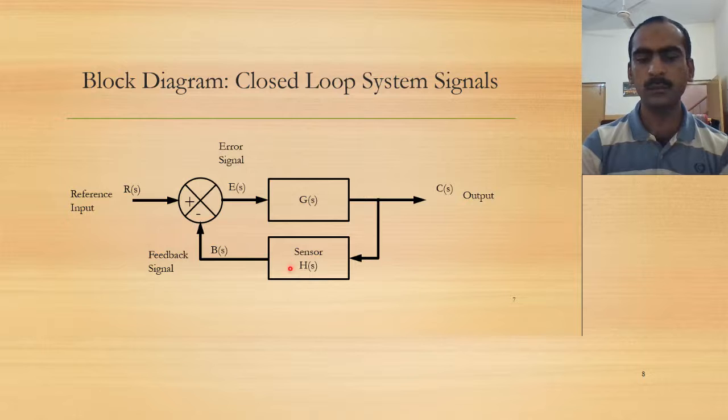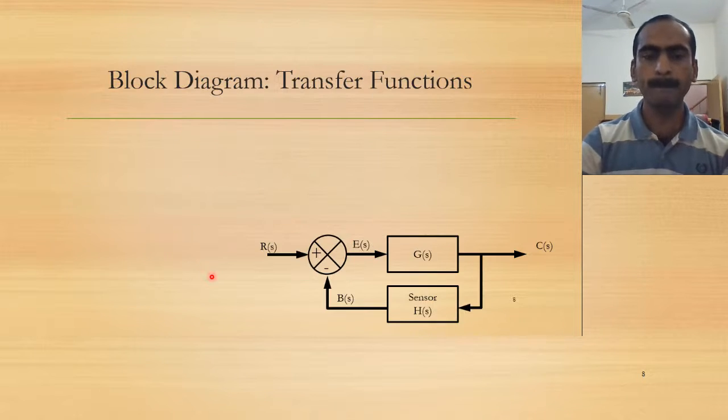In the feedback loop, most of the time the sensor has its own transfer function and it's also a sub-block. It has some input-output relationship given by H(s), and the output of this sensor is B(s), known as the feedback signal.